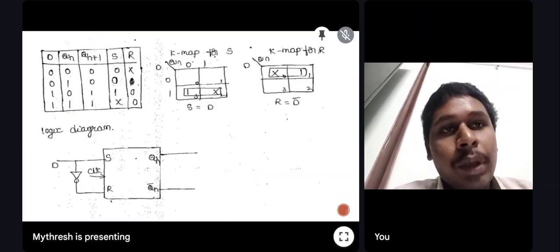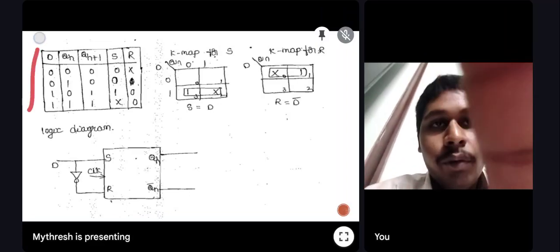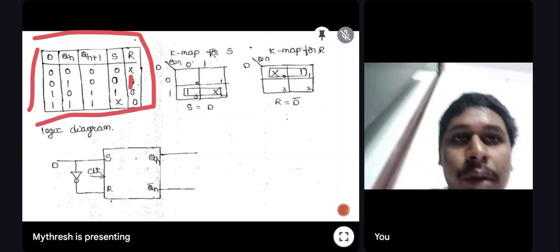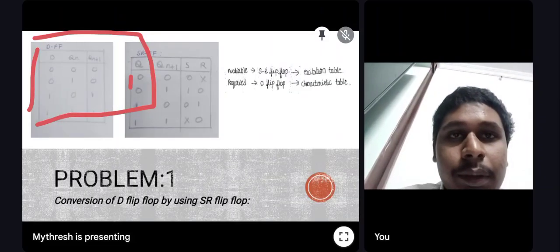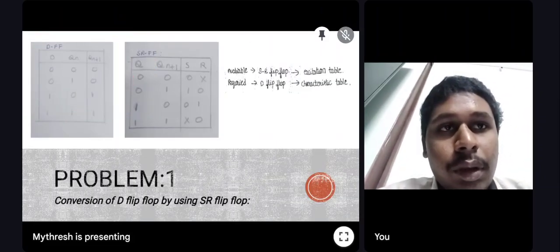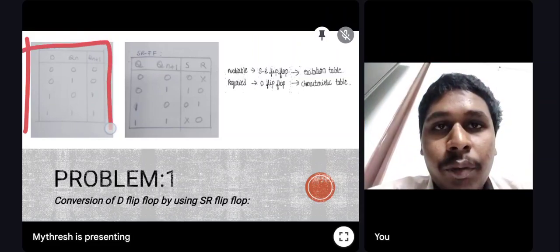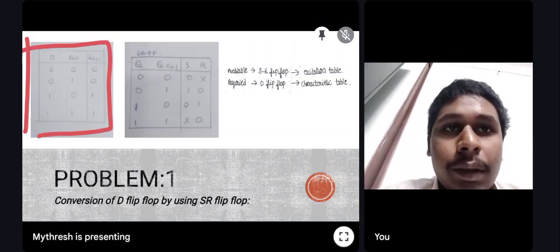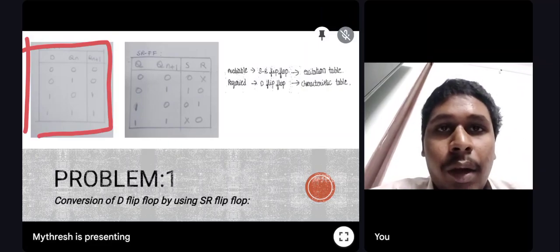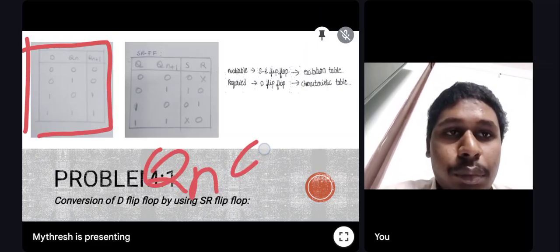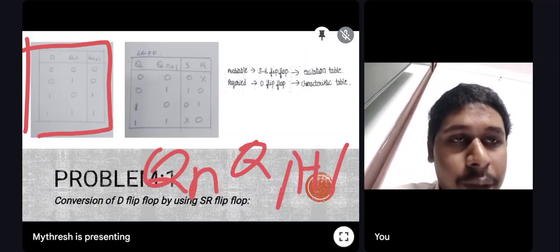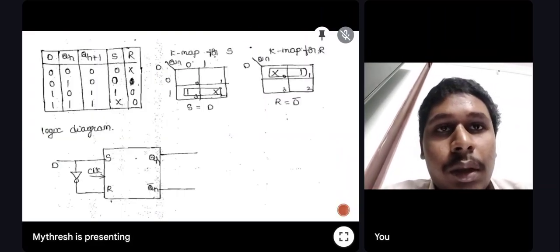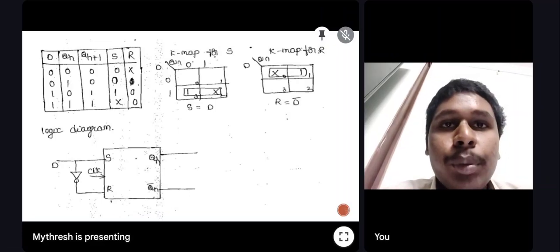From the characteristic table, we will add the SR with respect to the Qn plus 1 in the next table. So let us see this table. Here the SR are written with respect to the Qn plus 1 state.